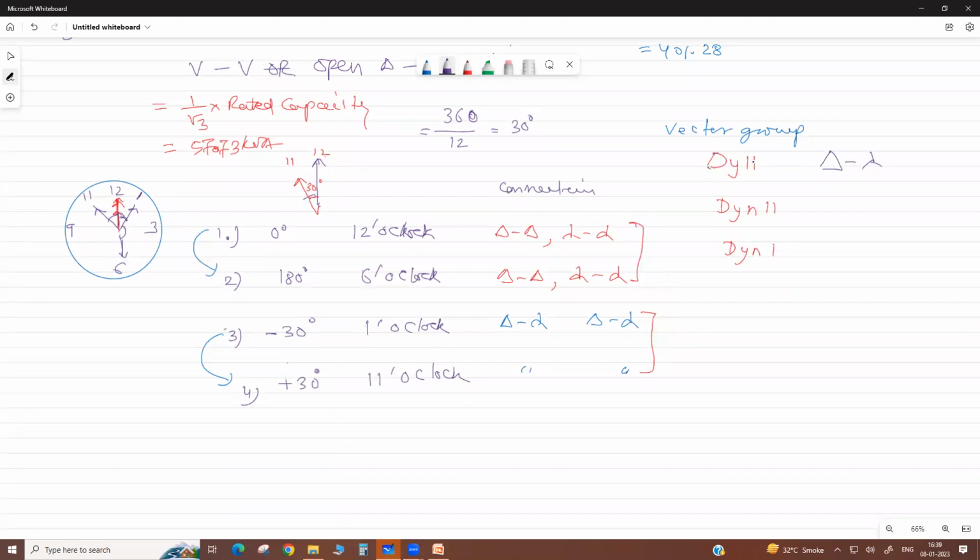Then 11 means this plus 30 degree without neutral. N means your secondary side has a neutral, grounded neutral is also there, and then 30 degree. 1 means with neutral again. Maybe we can write Y. Now for Y, 1 and 11 cannot be possible; that is 6 or Y12 may be possible.